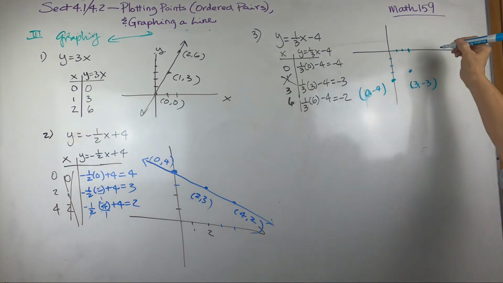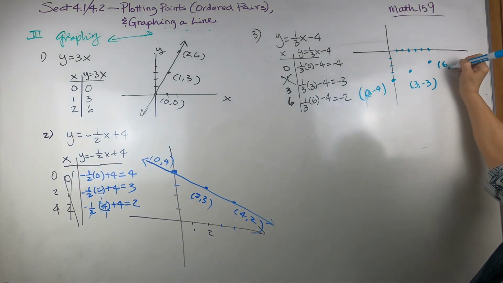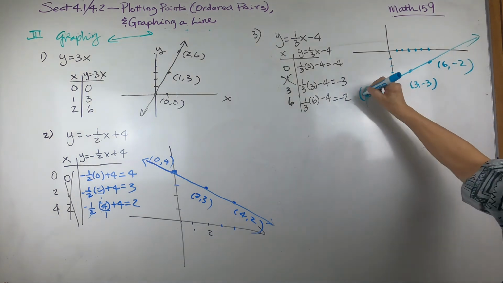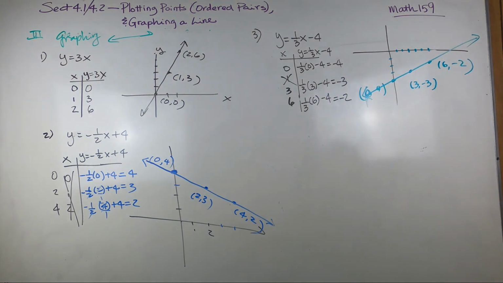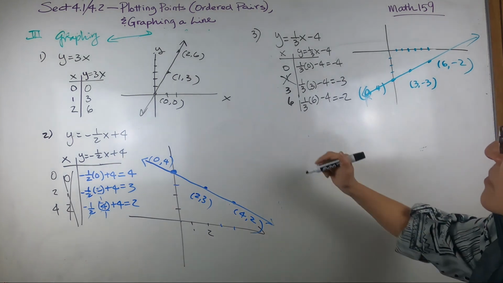Next one, 6, negative 2. 6 and negative 2, right? Then you connect them to draw the line. Got an idea? You should be fine, right? Next one.